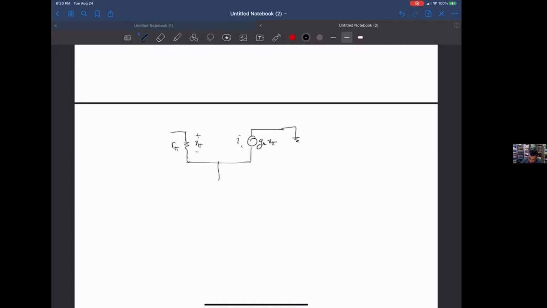And then we have this R sub E. In this case, we also want Vout. The question is, what is Vout over Vin in this case as well?